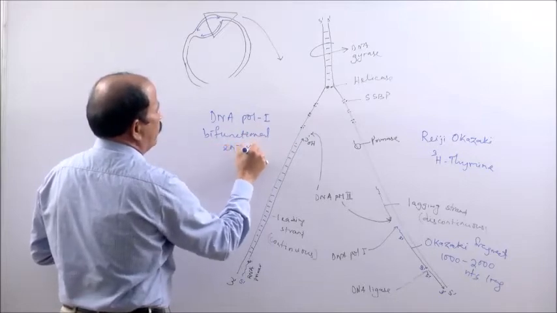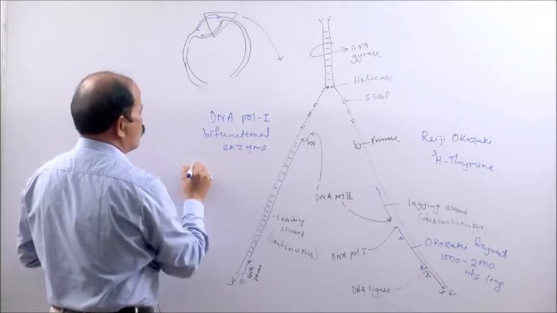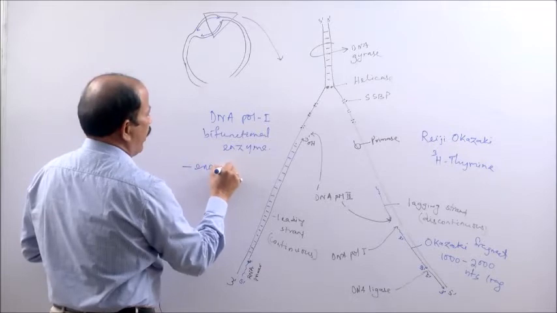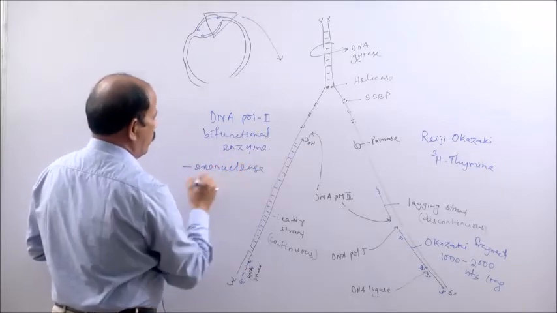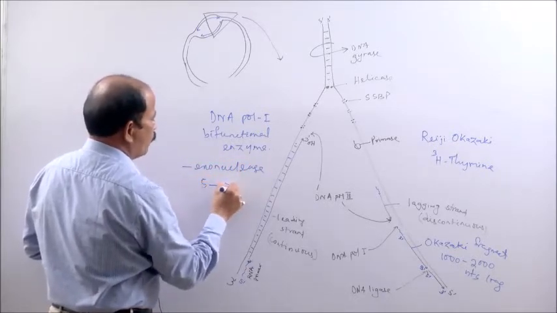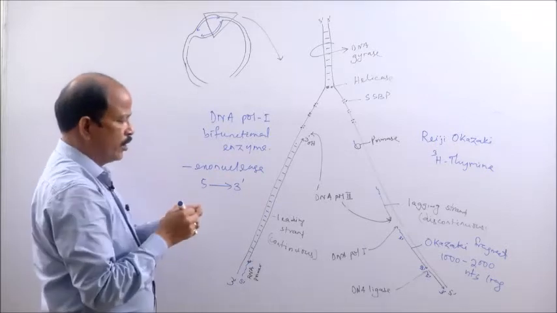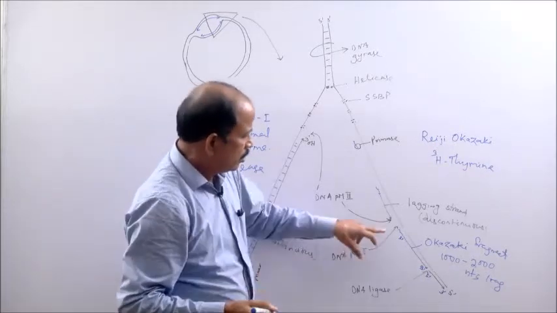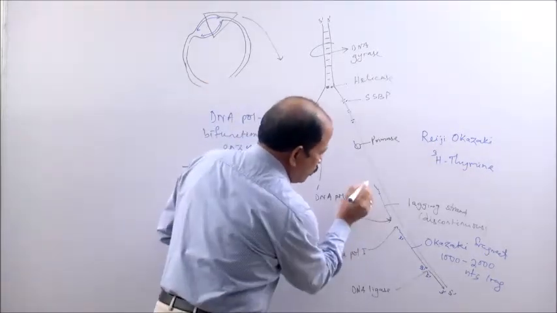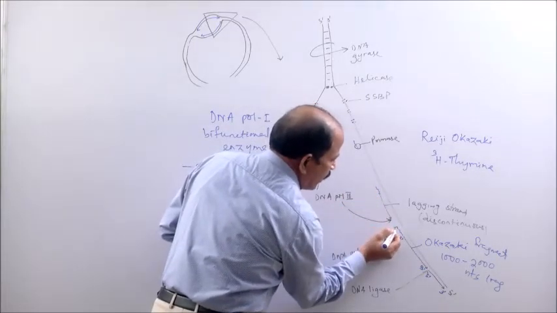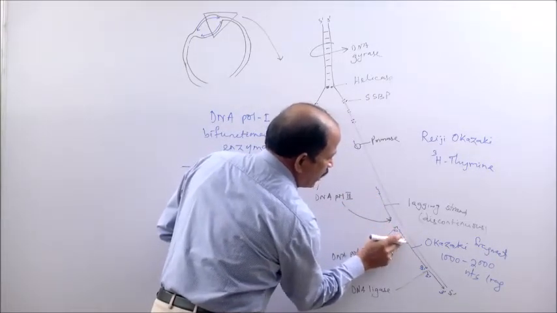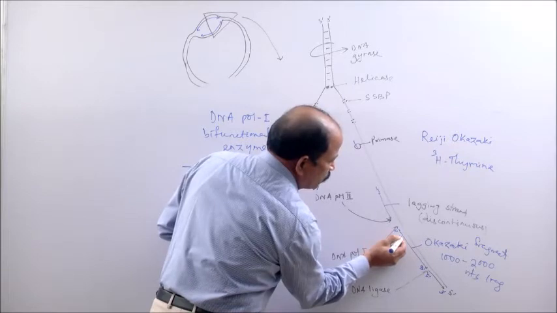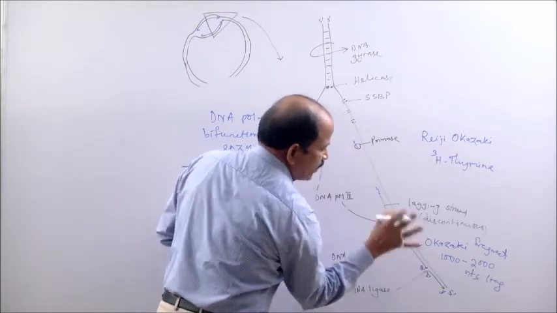In one hand, it is an exonuclease. It removes RNA from 5' to 3' direction. If you look at this, this is the RNA whose 5' and this is the 3' end. Similarly, this is the 5' end of the DNA and this is 3'.